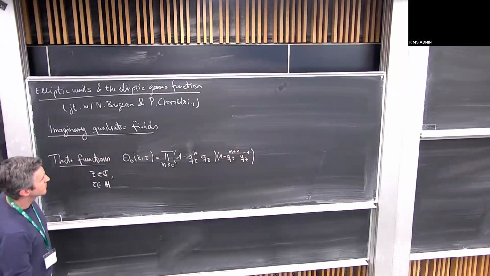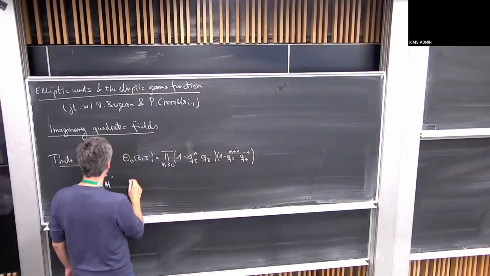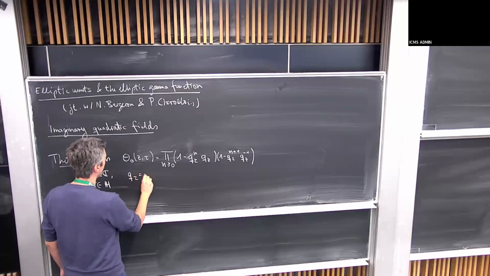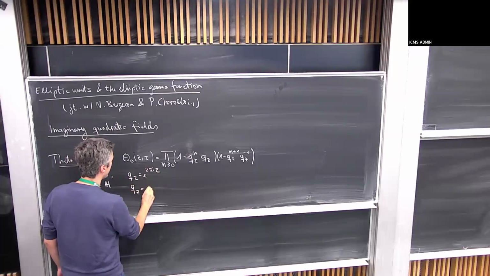There are these two variables, q_tau and q_z. q_tau is e^(2 pi i tau), and q_z is e^(2 pi i z).